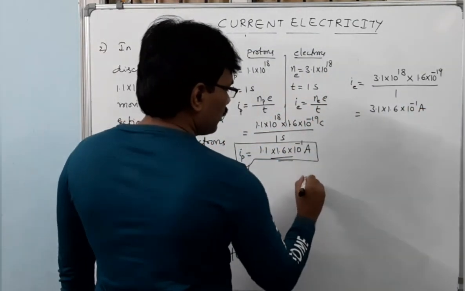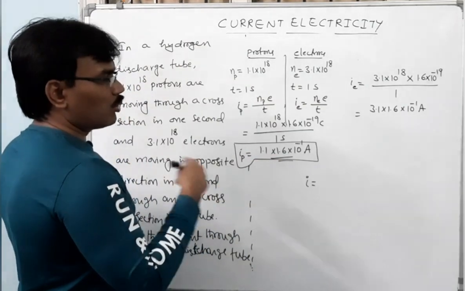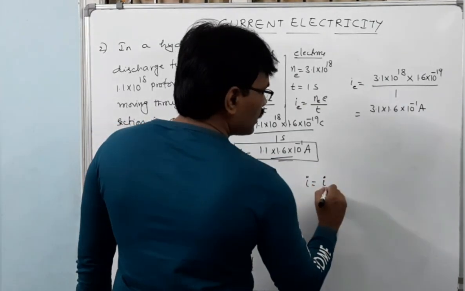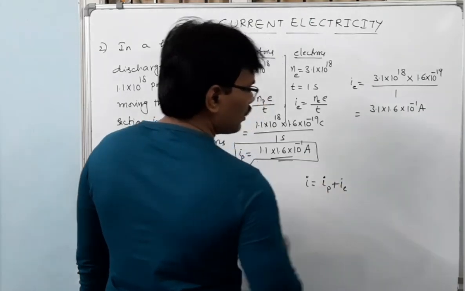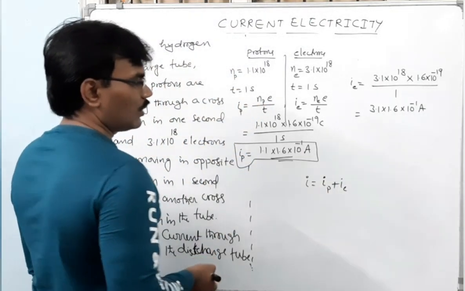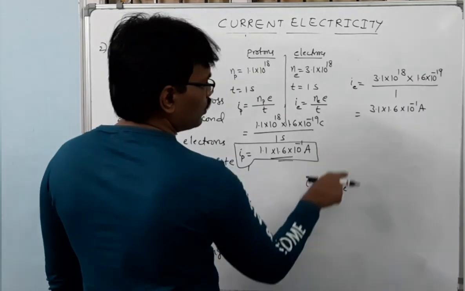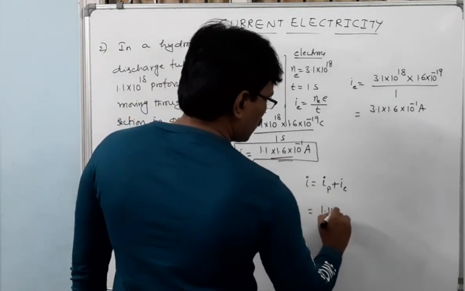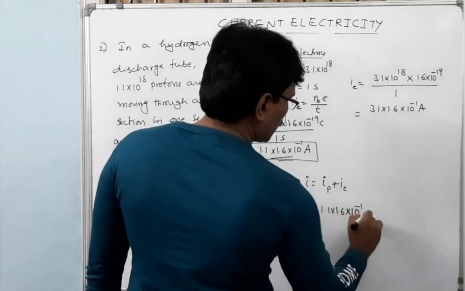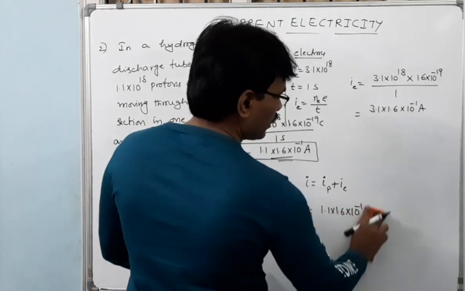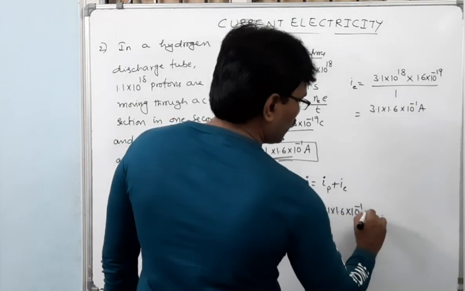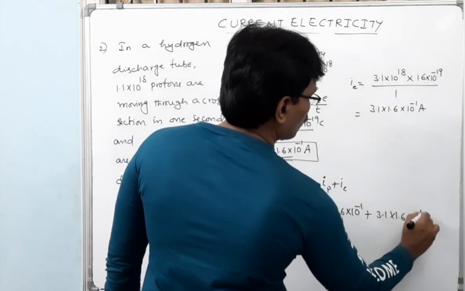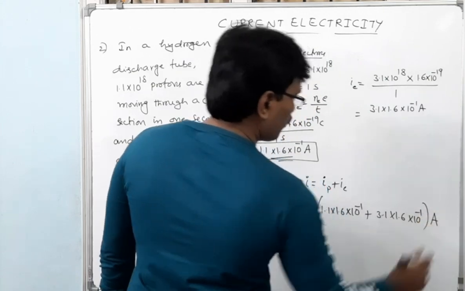As I said, when both positive and negative charges are moving simultaneously in a discharge tube, the total current is given by the sum of the proton current and the electron current: the current due to positive charges and the current due to negative charges. So 1.1 into 1.6 into 10 power minus 1, plus 3.1 into 1.6 into 10 power minus 1, in amperes.